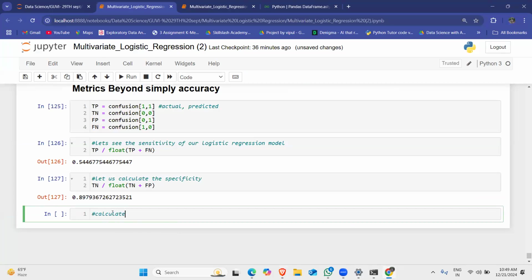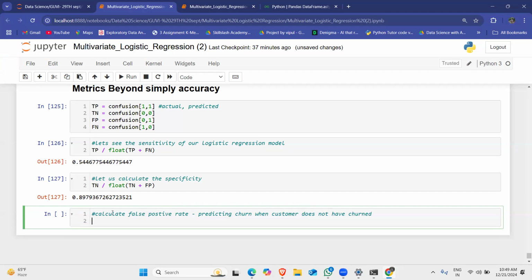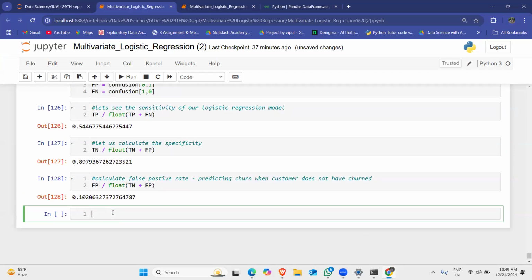Then I am interested to calculate false positive rate. False positive rate means predicting churn when the customer does not have churn. So that is my false positive divided by float of true negative plus false positive. That is 0.10.